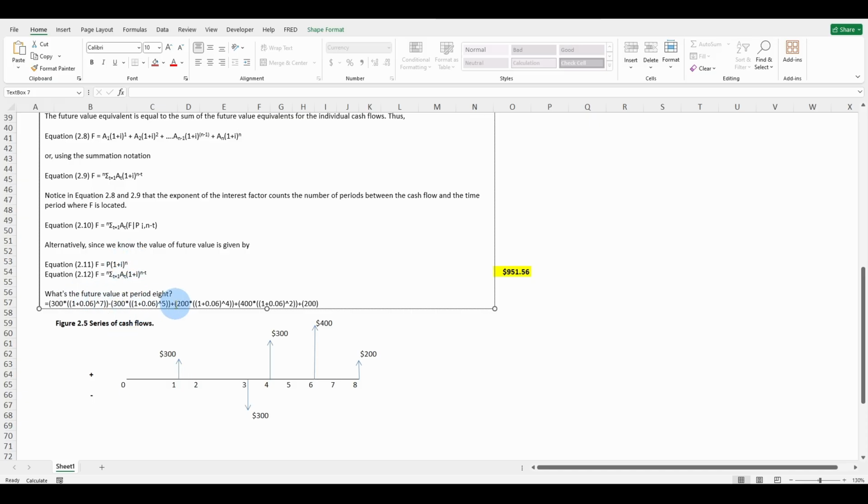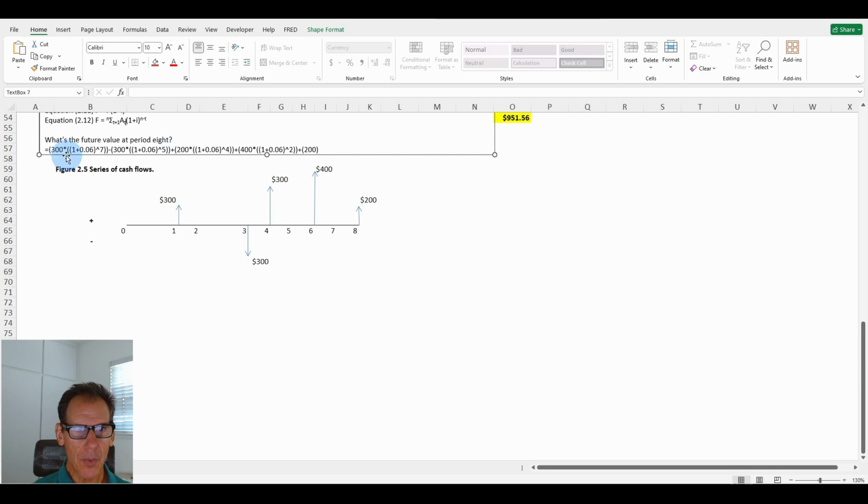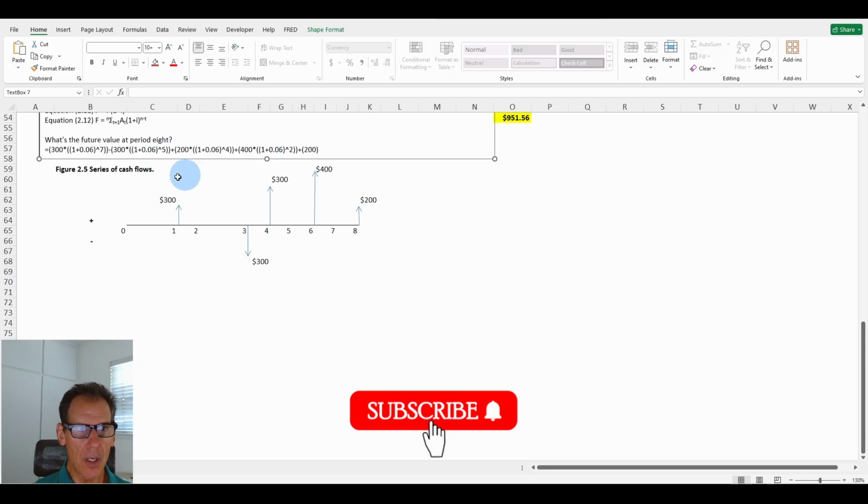What's the future value at period 8? We're going to take this 300 and notice what we're doing here. Notice the layout. And I'm going to allow you to work through this a little bit on your own. We have 300, but it's at period 7, 300, 200 at 4, and then in the end, we have 200.